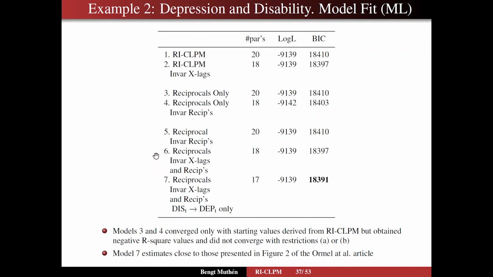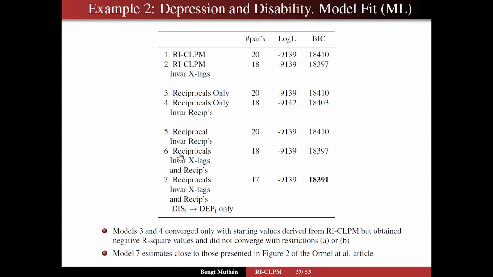But then for the reciprocal model you can add invariance of cross-lagged effects to that and reduce by 2 parameters, just like you reduce by 2 parameters between models 1 and 2 up here. And you don't worsen fit at all there either, indicating once more with a different model that invariance of cross-lagged effects is reasonable. And thereby you reduce the BIC value.